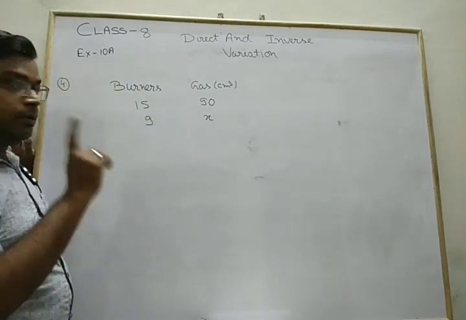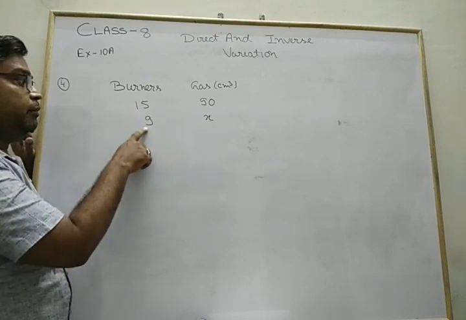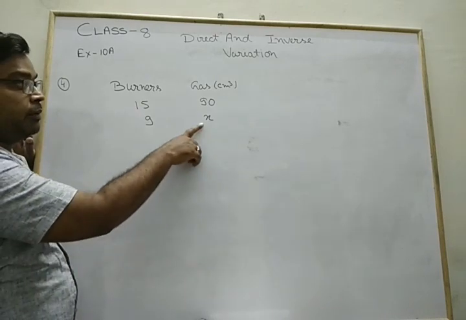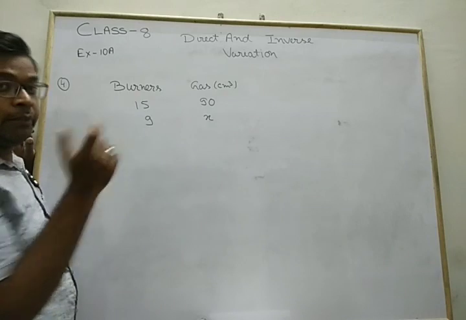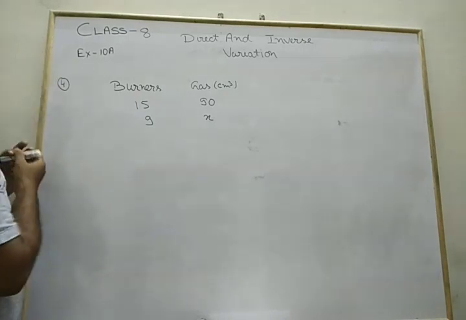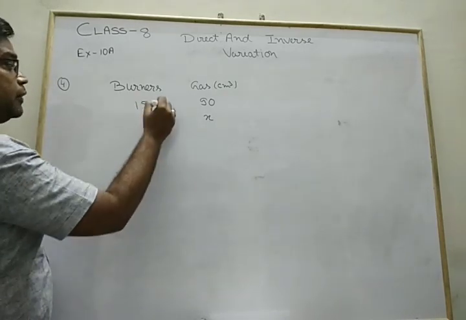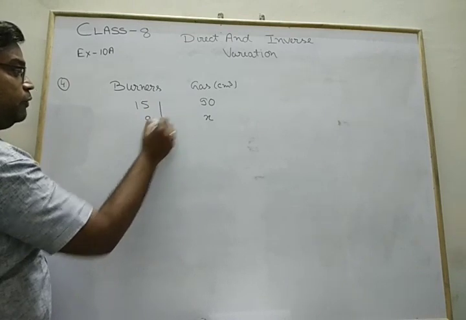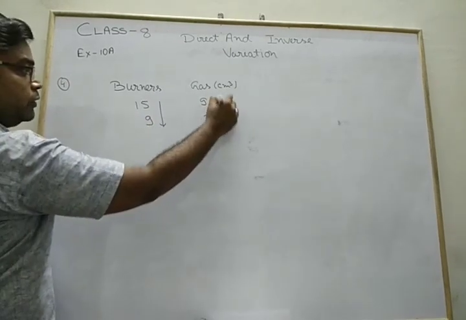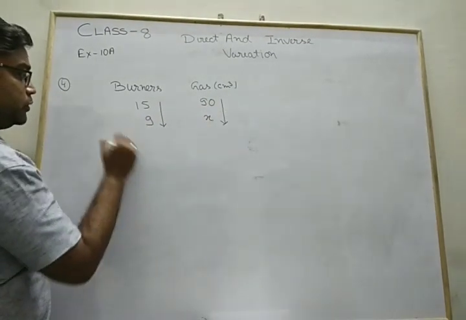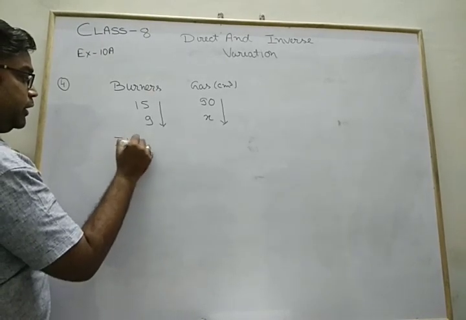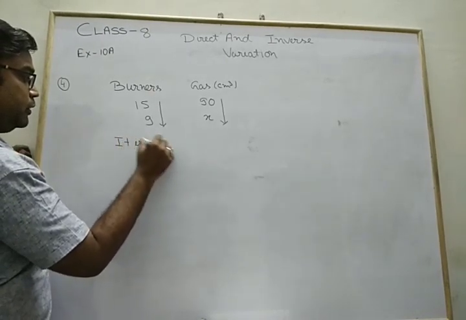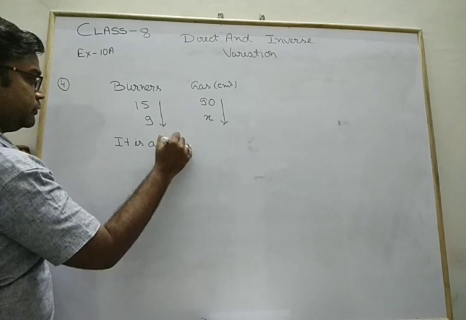So for the same time, if we decrease the number of burners, then the consumption of gas must decrease because the timing is the same. So in this case there is a direct relation, meaning if we decrease this one, the other also decreases. So it is a direct variation. You must write down that it is a direct variation.